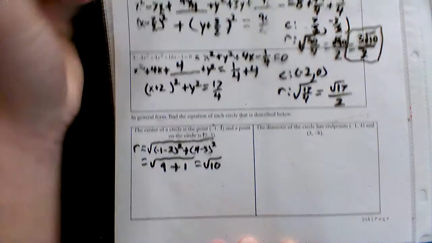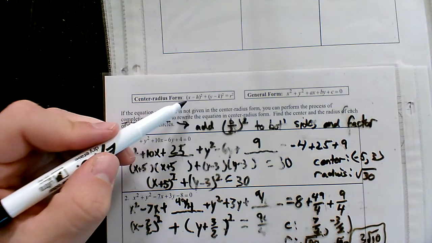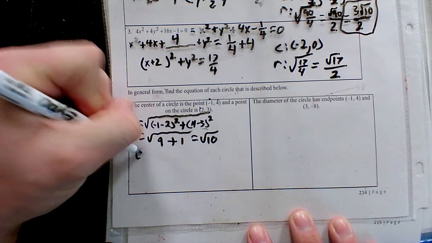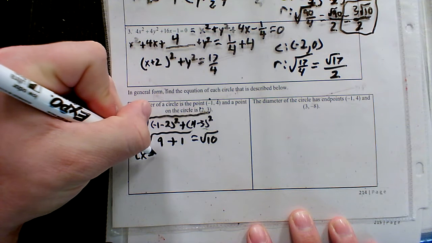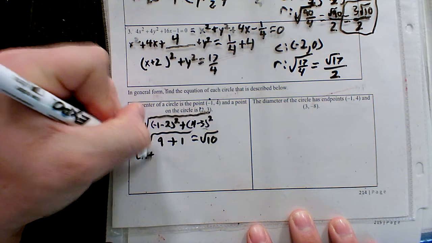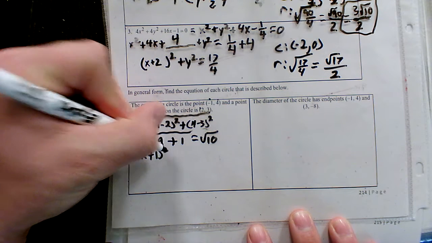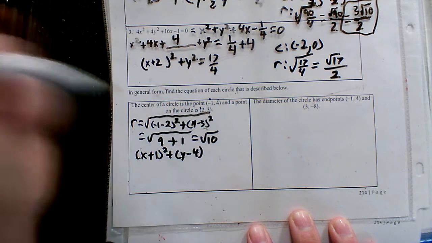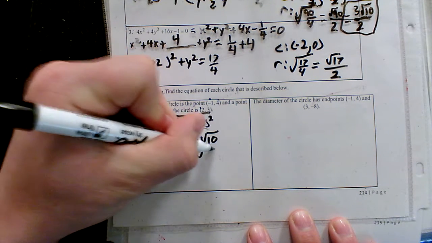We can go back to our center radius form from up above because we have a center and we have a radius, and then we'll expand that to the general form. So x plus 1, because you take the opposite, and y minus 4, because that's from our center value.